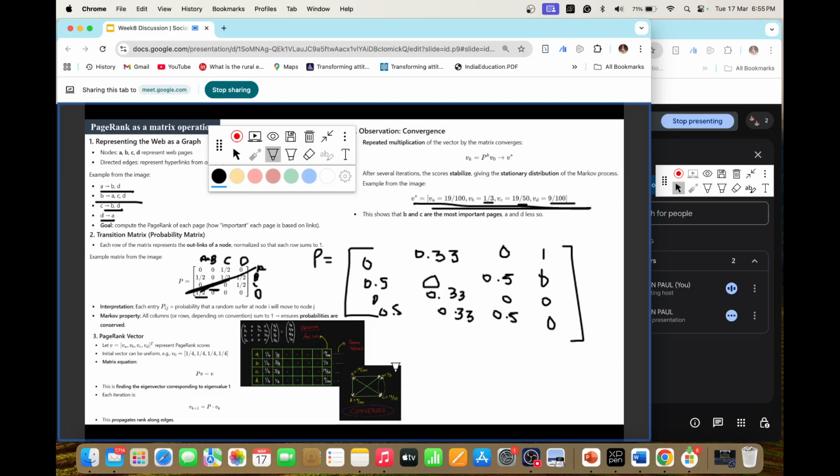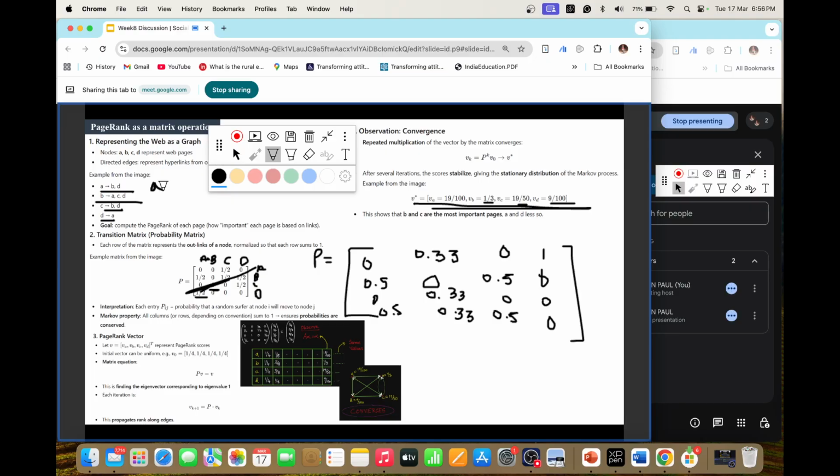A follows B, A follows D. Okay, nice. Then B follows A, C, D. No, B does not follow. Okay, so I think this is written wrong, so that is why this is the problem.